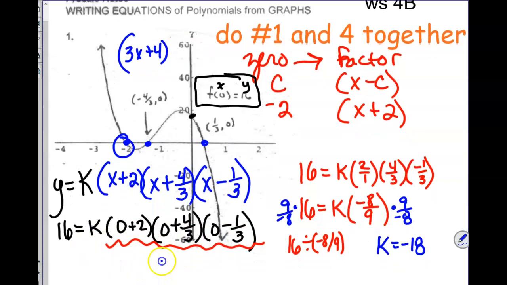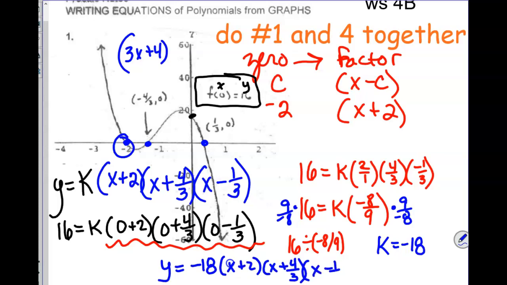So the final answer we came up with was y equals negative 18, x plus 2, x plus 4/3, and x minus 1/3. We could type that into our calculator, and maybe we will on the next one. I'm just not going to take time to do this. You could type this in your calculator and set your window to what theirs is, guys.